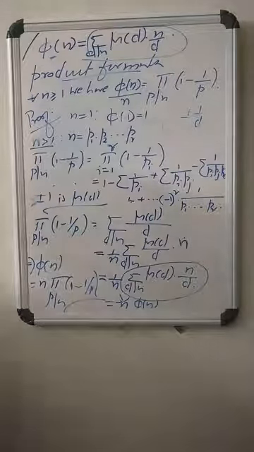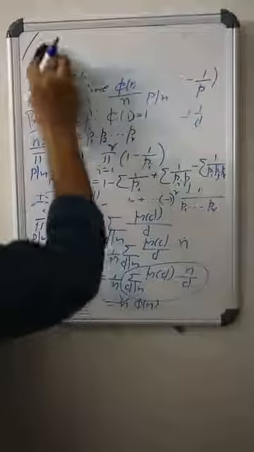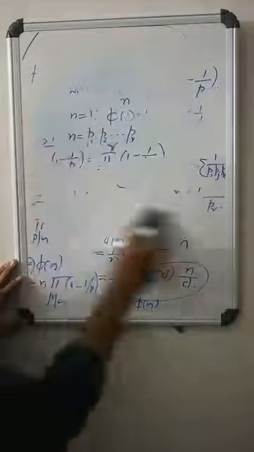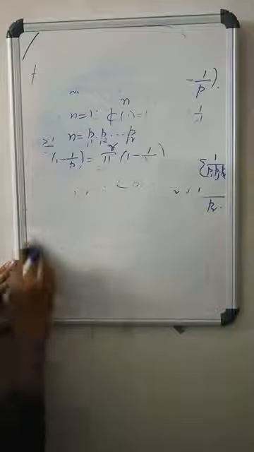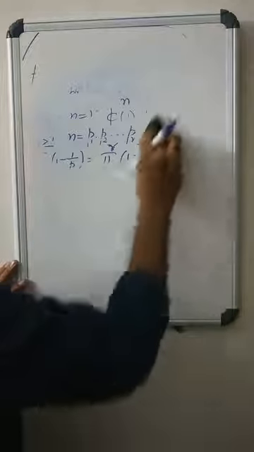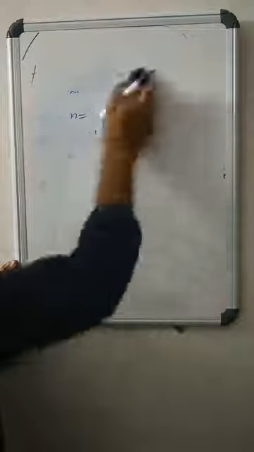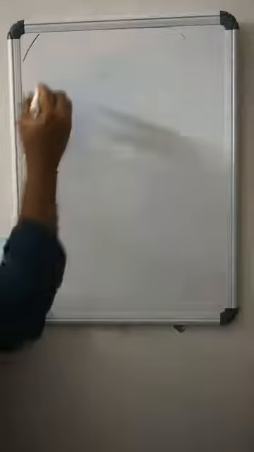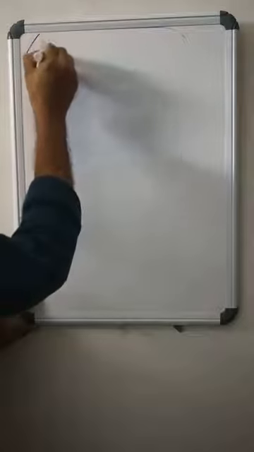Now let us consider some properties of the Euler totient function.